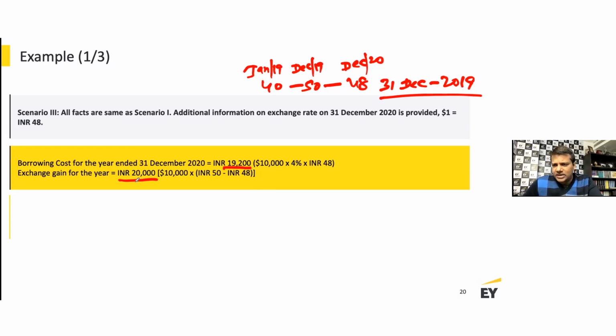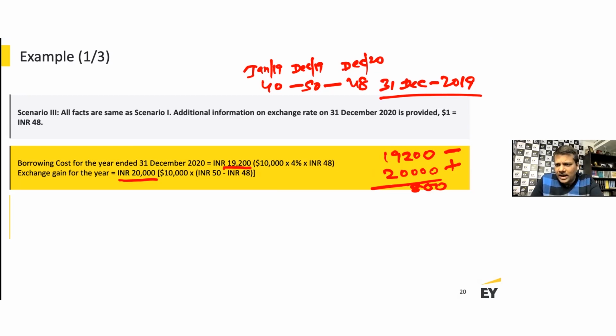So in a way, my net cost in this year is actually negative. If I look at 19,200 of cost and 20,000 of gain, this is minus, this is plus, so we get to 800 of saving.